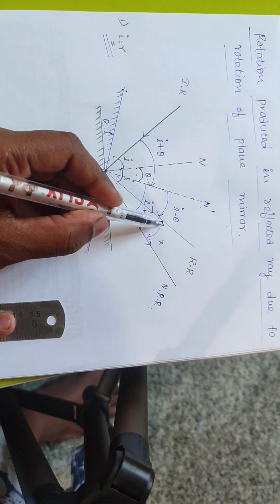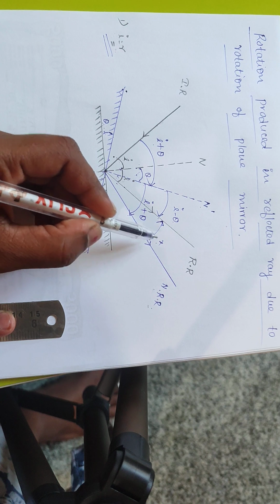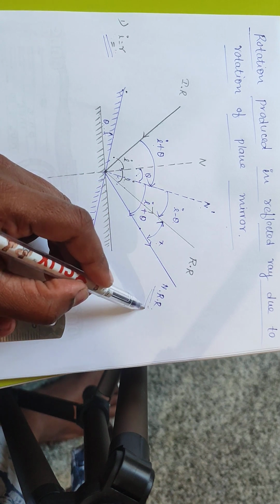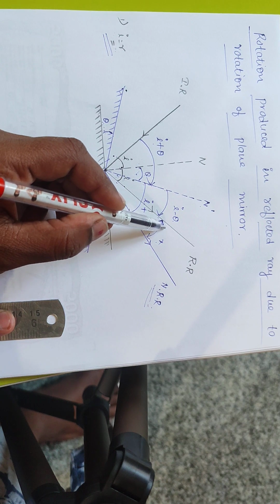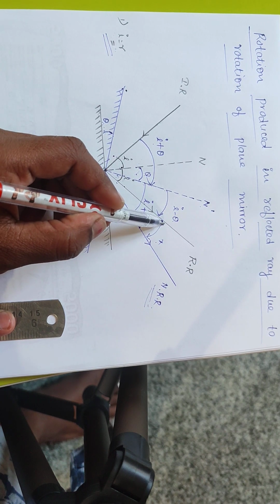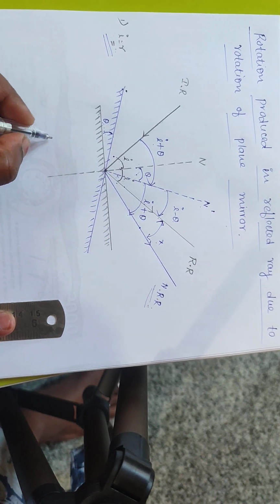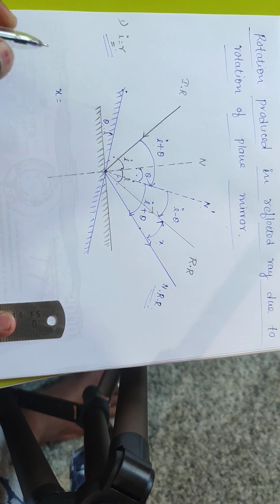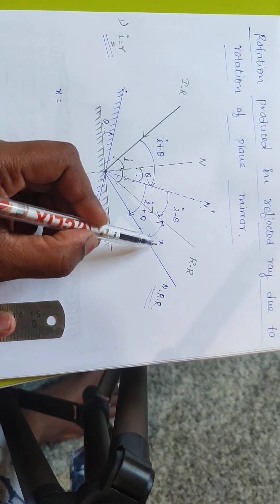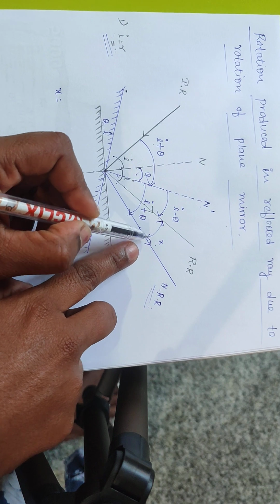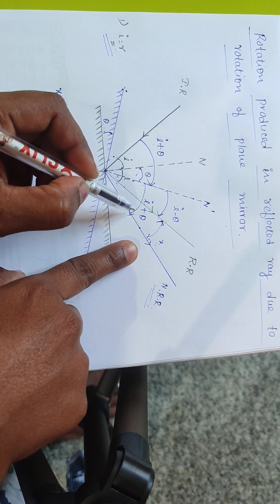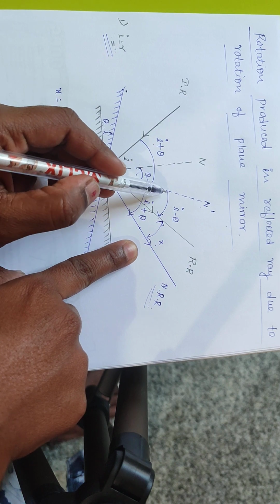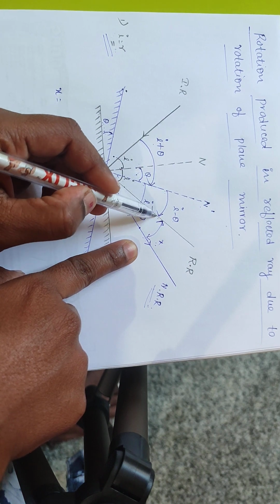Now we want this angle x, meaning the angle by which this reflected ray is rotated compared to the earlier reflected ray. So that is taken as x. If we want this angle x, see here, from here to here is I plus theta, and from here to here is I minus theta.